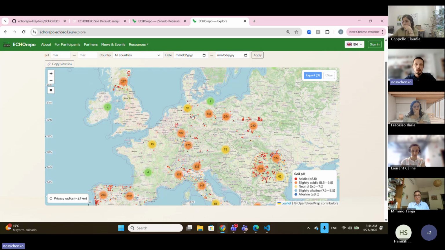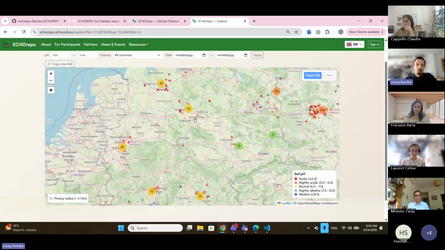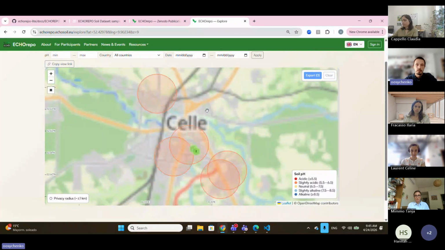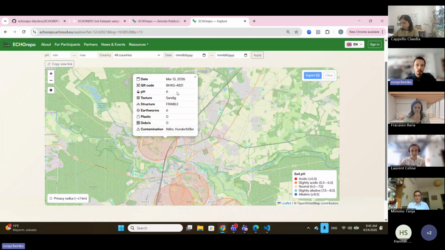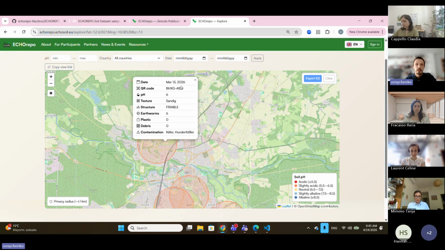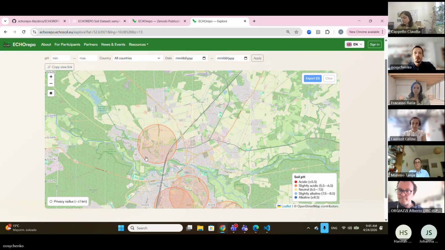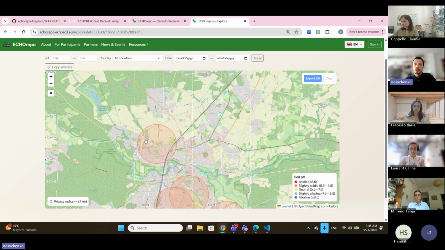And also we can take a look at some samples. You see the basic information regarding this sample, but in the current implementation, we can only consult single data for the samples, and not download it unless we are logged in.